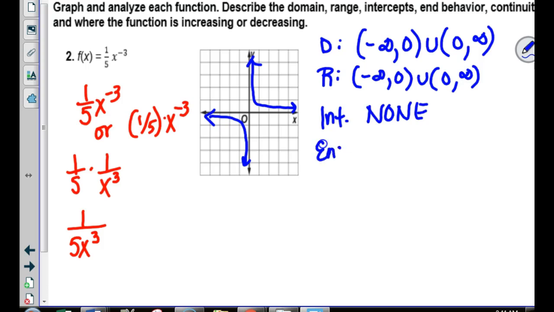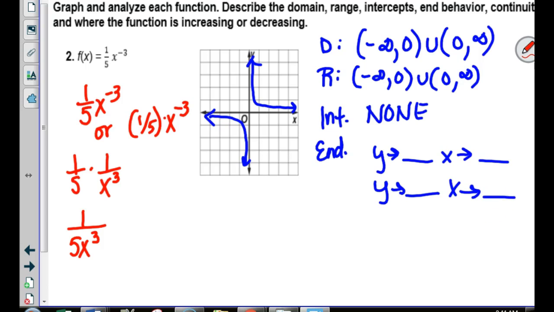End behavior. Oh, this is tricky too. I'm going to use Y because I'm lazy. Okay, so if x is -infinity, that means here's the x-axis, I'm going to the left. As I move to the left along this graph, what is it getting closer and closer to? 0.